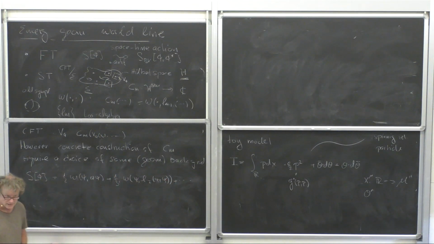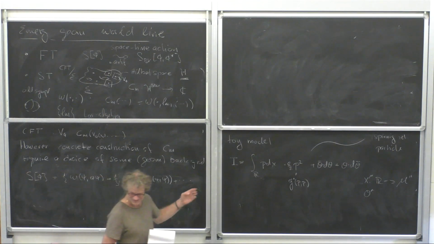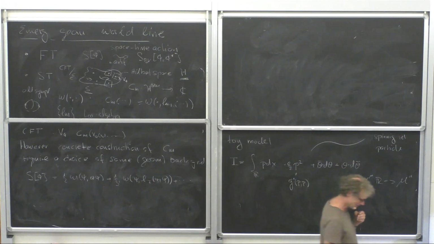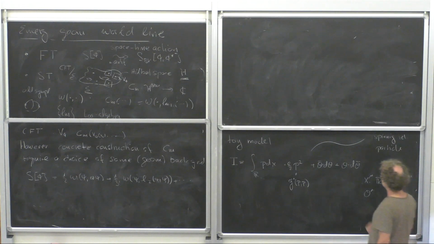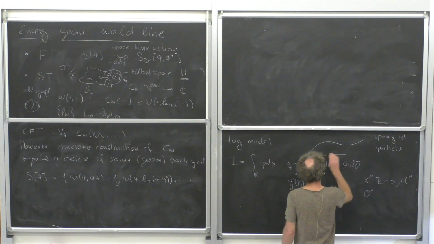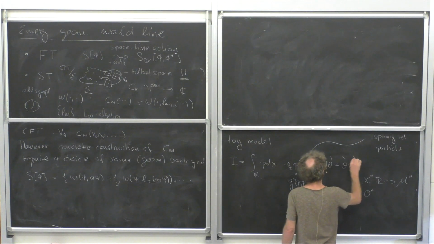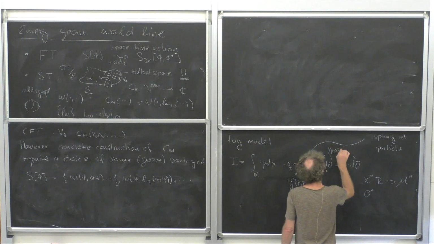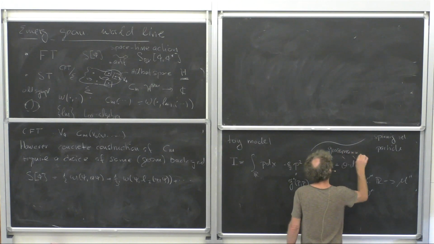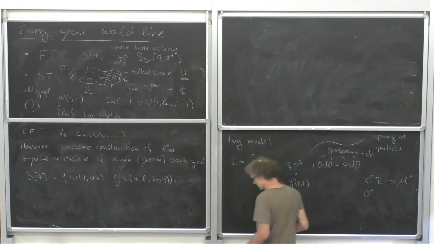Just by being there, it's no longer emergent, but in the end, I will make it emerge. So at the moment I'll keep it, but I will get rid of it eventually. These coordinates would be Grassmann odd, and these would be the Grassmann even ones.